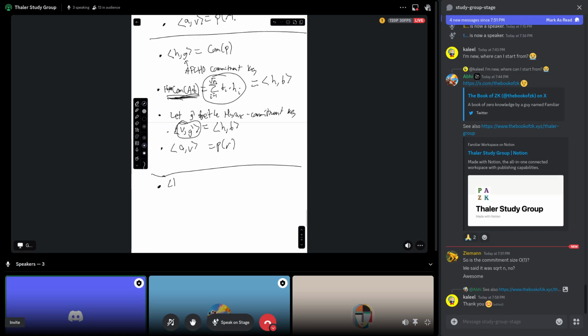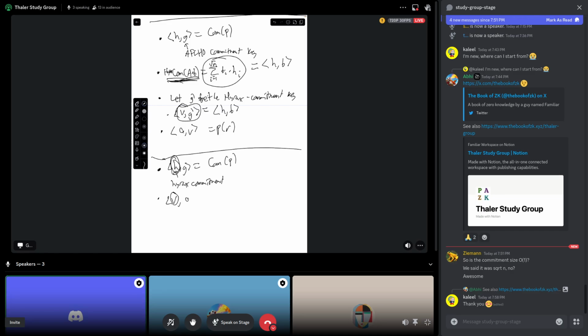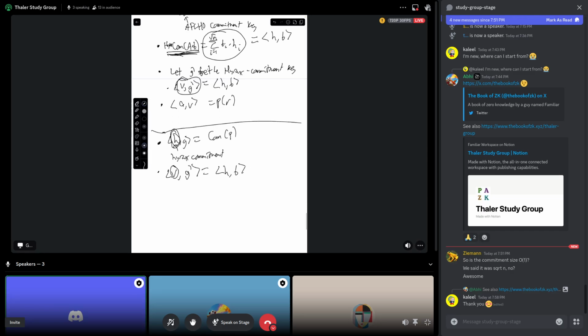So we had H inner product G equals the commitment to P. Oh yeah, this was the Hyrax commitment. So the prover is proving it knows this H. It's further proving that it knows this V, that V inner product G prime equals H inner product B, and then finally that A inner product V equals P of R.